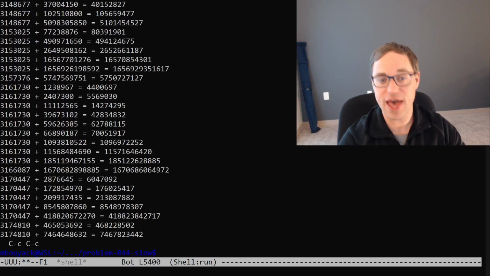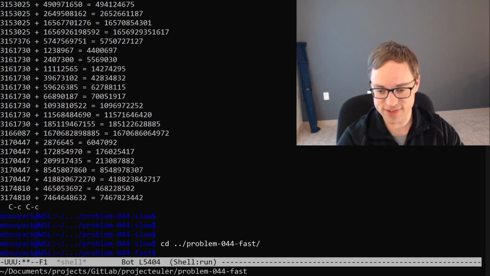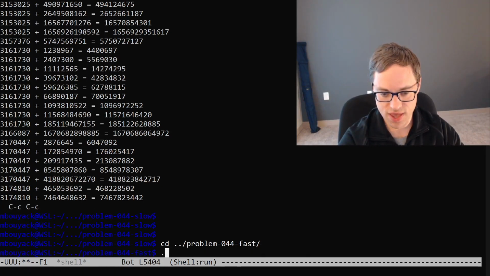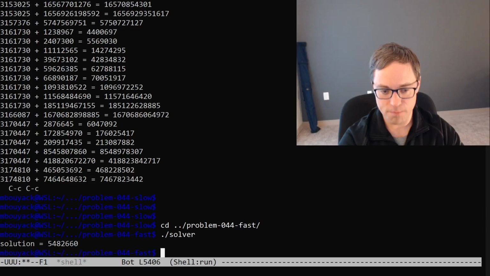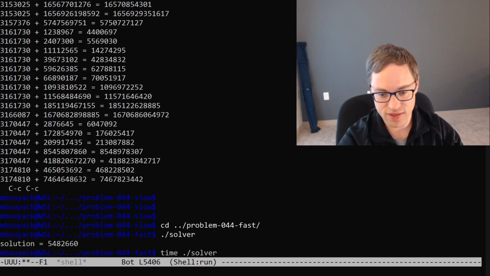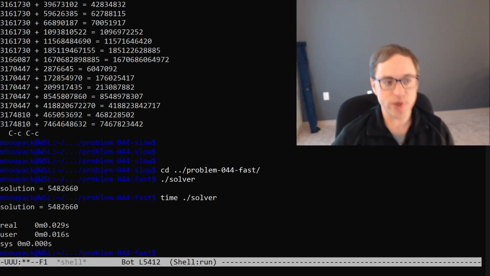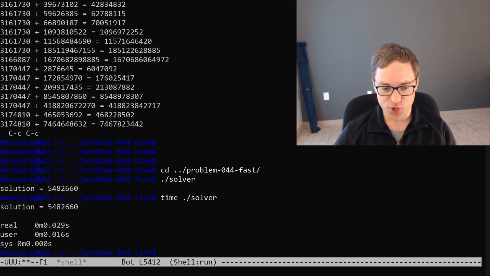It won't take that long, but that just gives you an idea of how long the search takes. So let's go back over to our hopefully fast solution, and bam, done immediately. Let's try timing it. Looks like about 29 milliseconds.